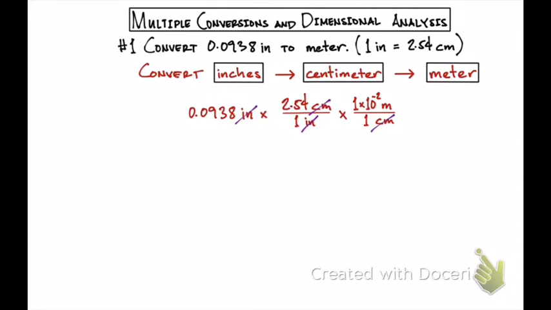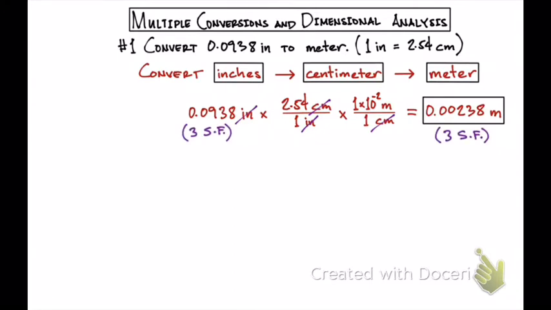So plug that into the calculator. 0.0938 times 2.54 times 1 times 10 to the negative 2 divided by 1, and we get 0.00238 meters. So we started out with 3 significant figures. Again, we're going to end up with 3 significant figures as well. So this conversion factor right here, you can also rewrite in a different way.